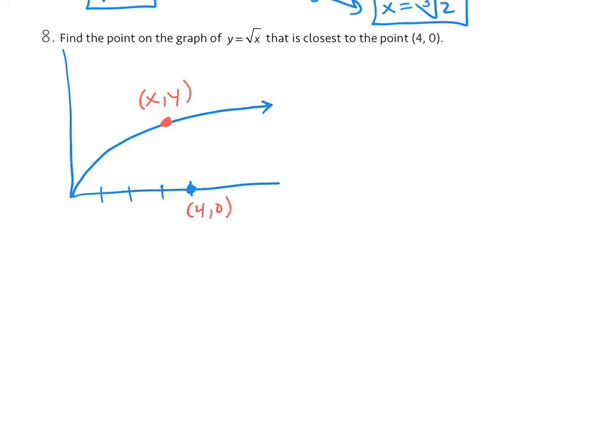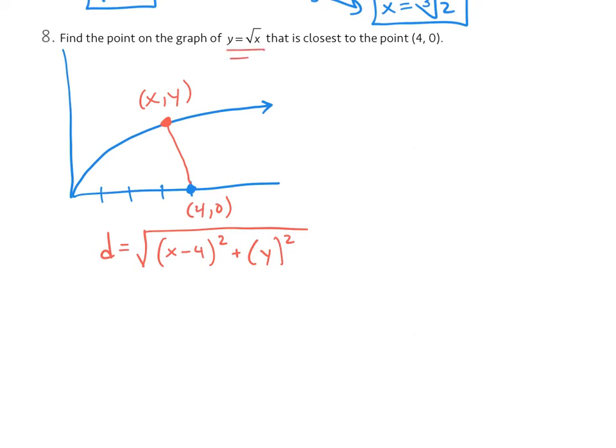Well, we're finding the distance between these, and hopefully you remember that you can find the distance between any 2 points by using the distance formula. That would be the square root of x minus x1 squared plus y minus 0, which would be just y squared. That's the distance formula. You can also remember this by doing the Pythagorean theorem. It's the same idea.